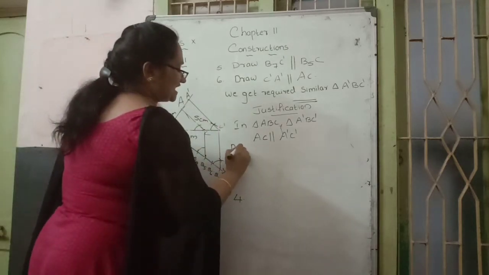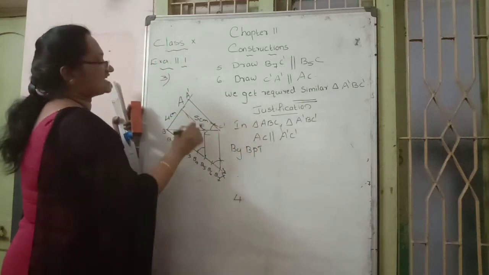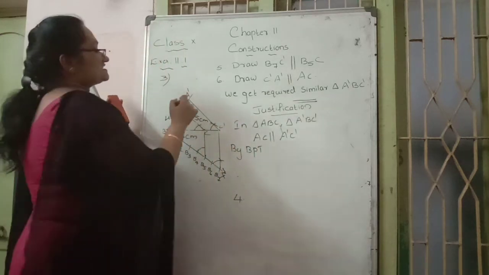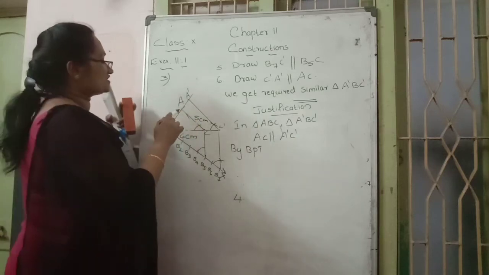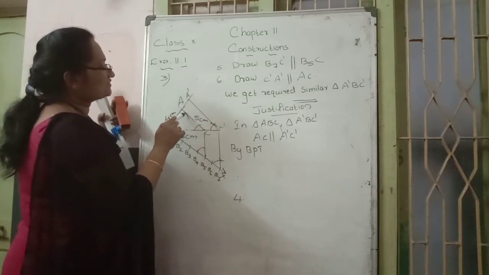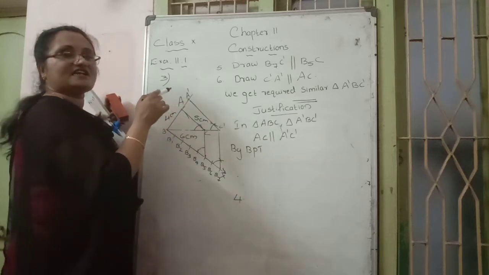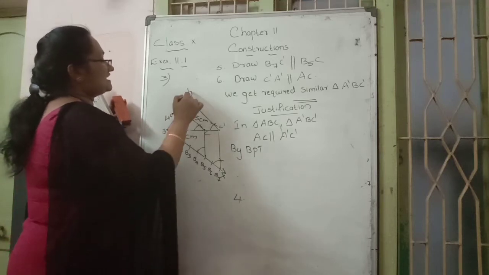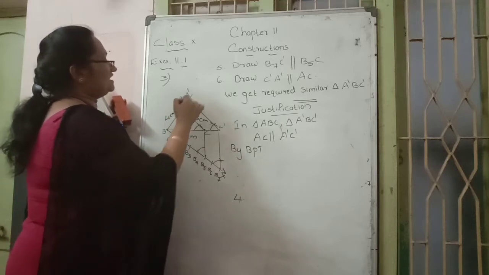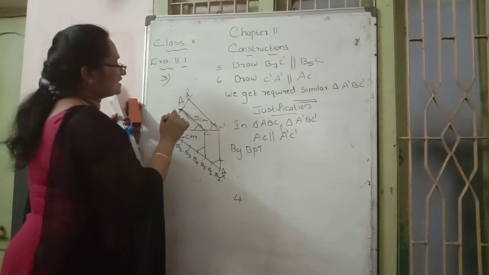Then here we apply the BPT theorem. The BPT theorem says that parallel lines intersecting the sides of a triangle divide them in equal ratio. Which are the parallel lines? Sides AC and A dash C dash are the parallel lines, cutting the sides BA dash and BC dash in equal ratio.